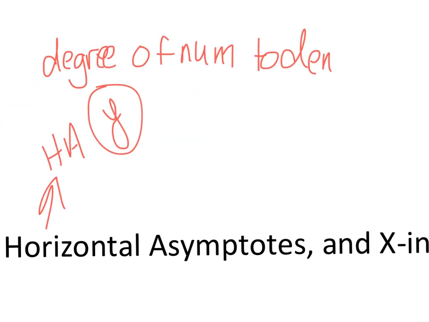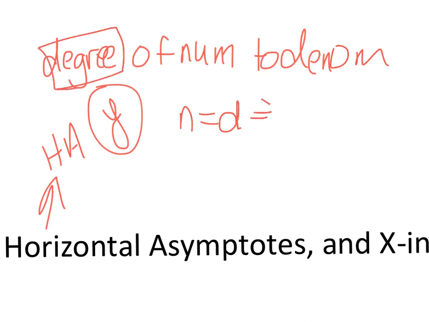So when the numerator and the denominator degrees, the highest exponent, are equal, what do I write down? There is no horizontal asymptote. When they equal each other?